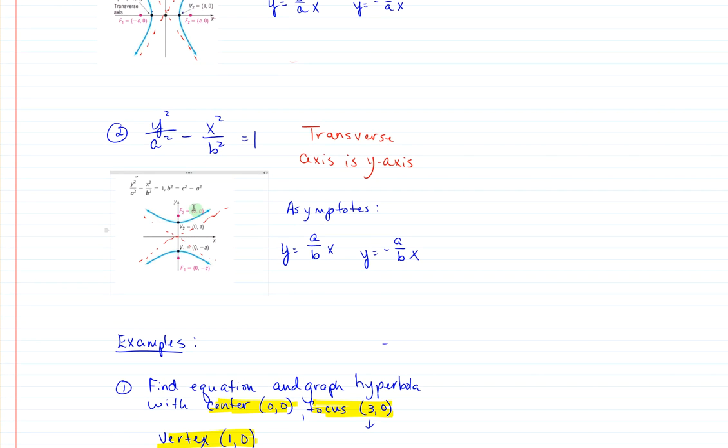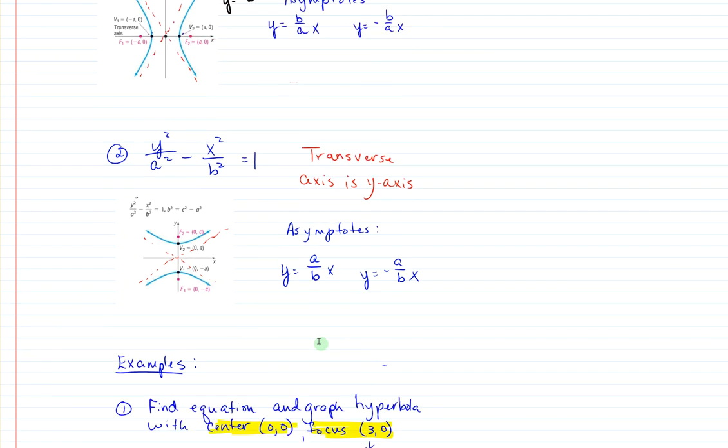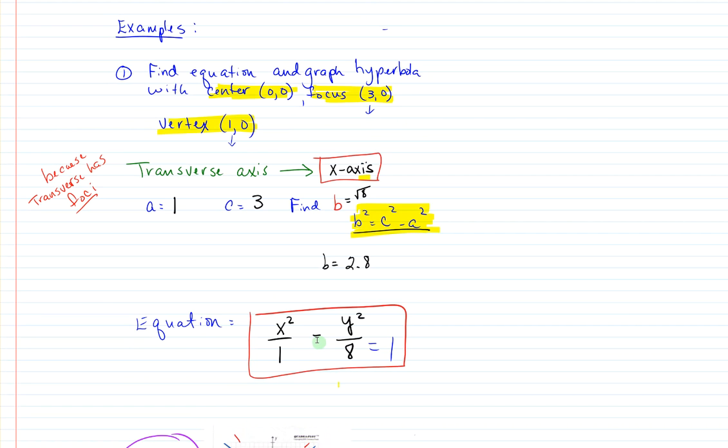Here the y-axis is the transverse, and both the vertices and the foci are on there. And there are your asymptotes. The asymptotes for these are y equals plus or minus a over b times x. So that flips. Up here with the x-axis, it's b over a, and here it's a over b. You'll just remember that, or refer to your sheet.